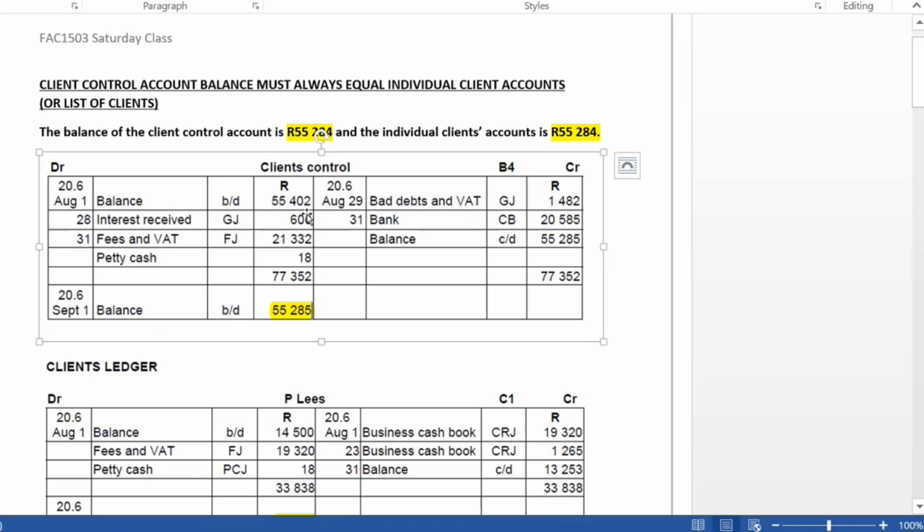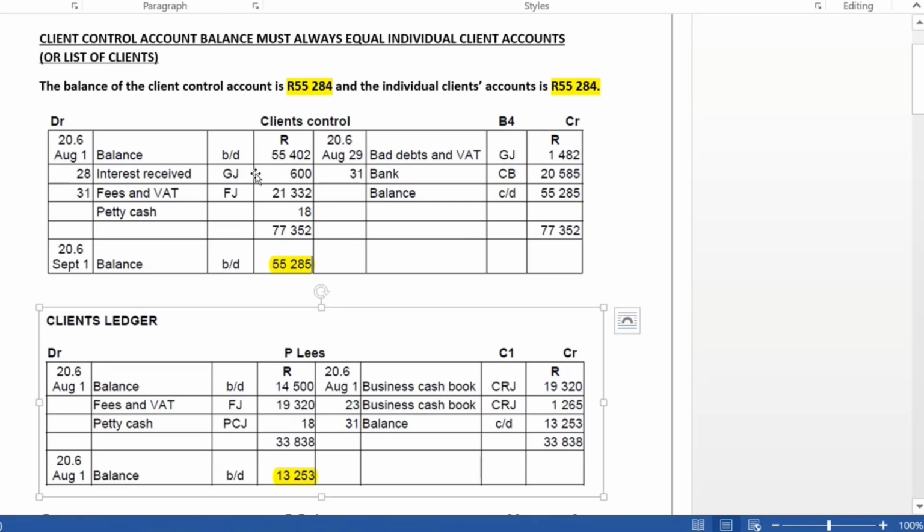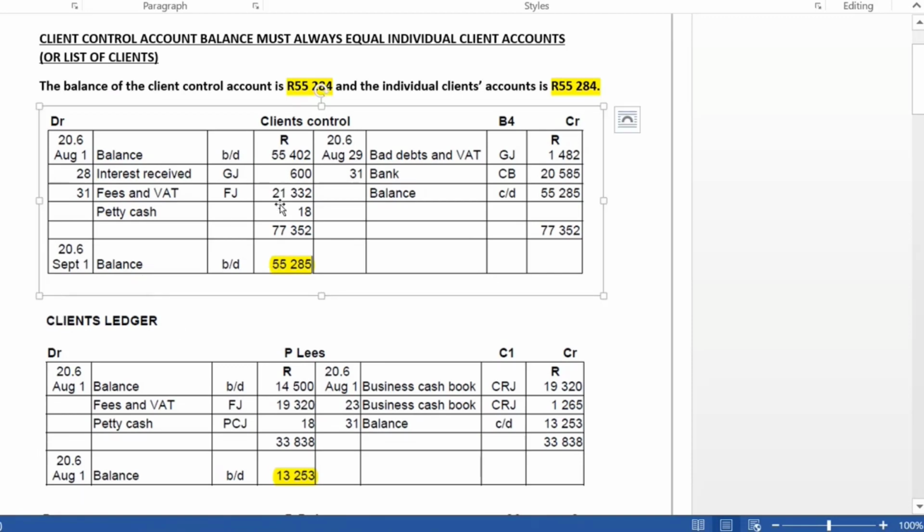So the client, I'm going to repeat that. The client control account is the total of what all the clients owe the business. And the client ledger is all the individual clients that owe the business.